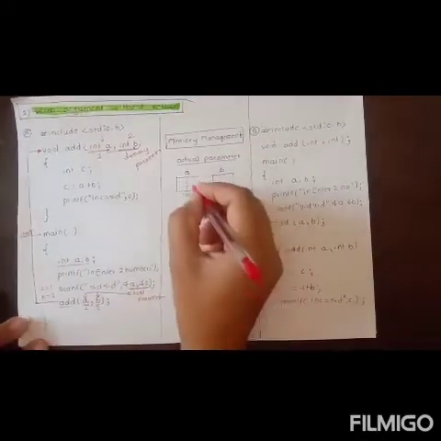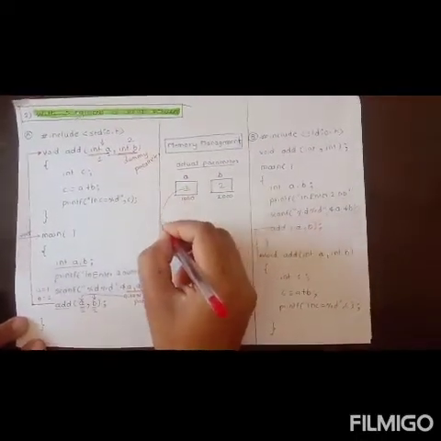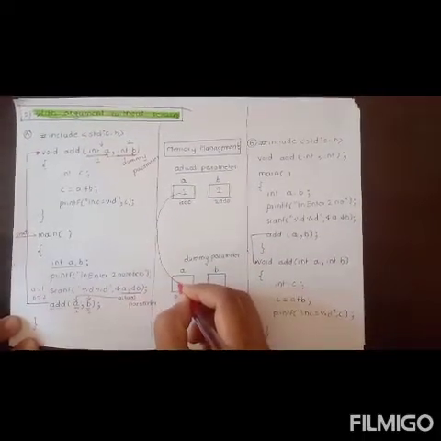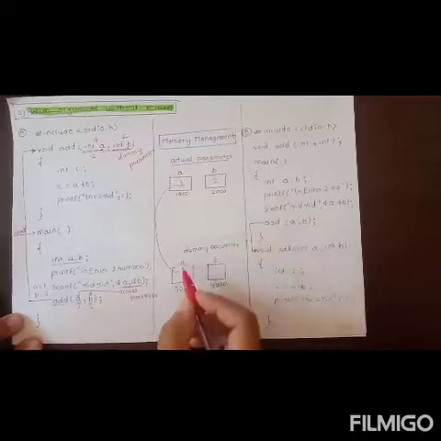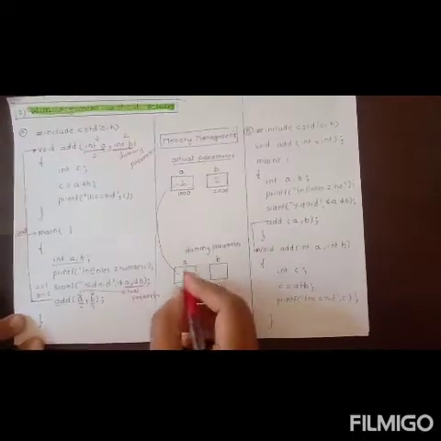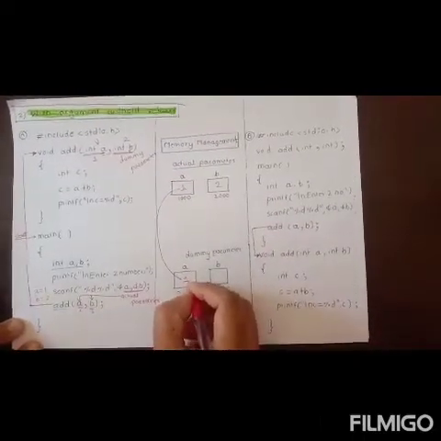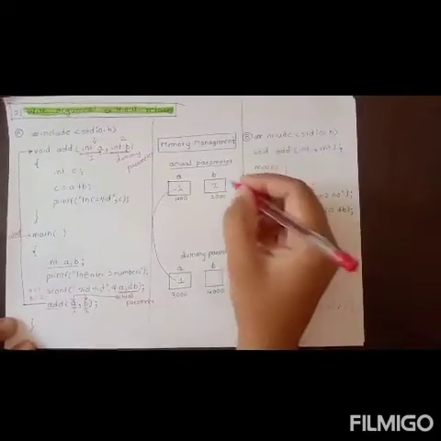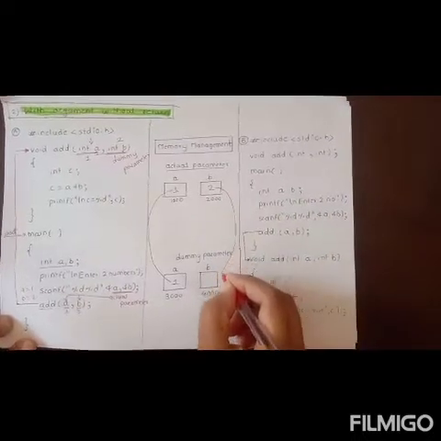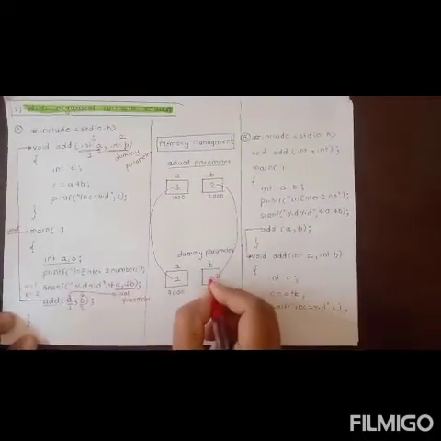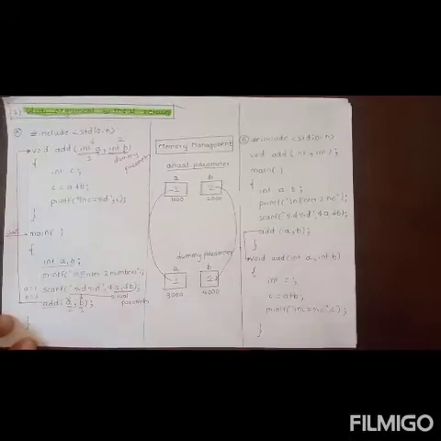If I draw this diagram, if you observe here, the actual a value is 1, which is received by dummy parameter a and initialized with the same 1. Similarly, the actual parameter b is received by dummy parameter b and initialized with value 2.